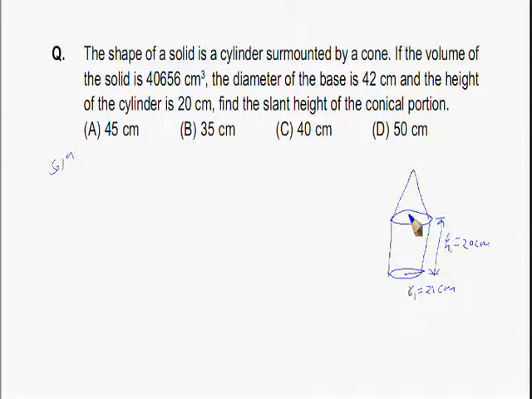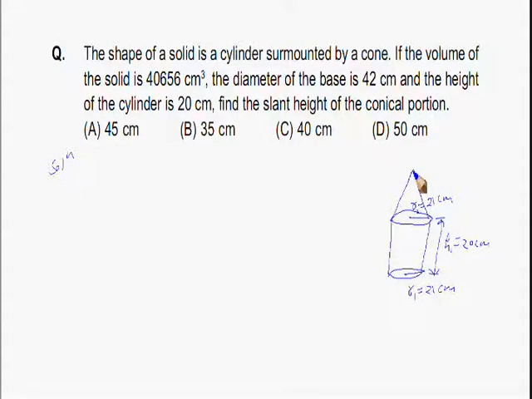Now the base of the cone and the base of the cylindrical portion are the same, so their radii are also the same. Let the radius of the cone R2 also be equal to 21 centimeter, and we have to find the slant height of the cone.